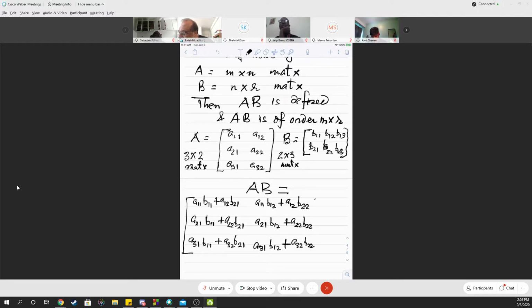And finally the third column: A11 B13 plus A12 B23, A21 B13 plus A22 B23, and then finally A31 B13 plus A32 B23.